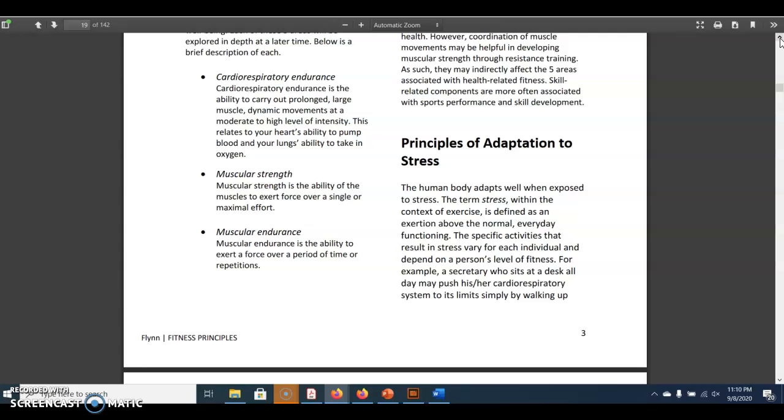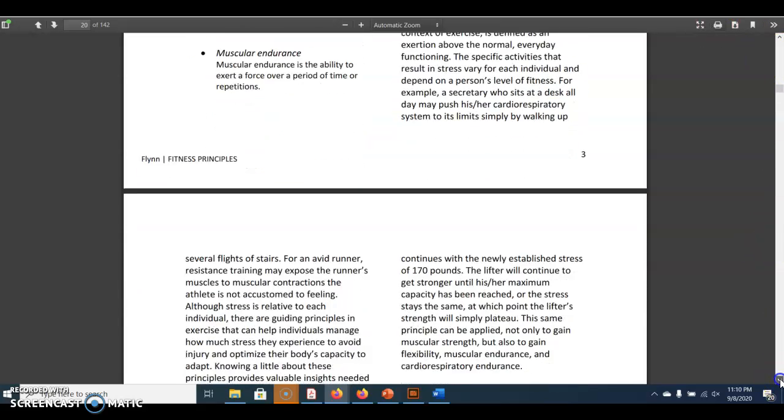And what is also important to understand is that exercise, training the body to a new level, requires that you put stress upon it. So when your body becomes more fit, it is becoming more fit because it's adapting to the stress that you've placed upon it through exercise and physical activity. So that's an important thing to keep in mind when we start to talk about it as an exercise.